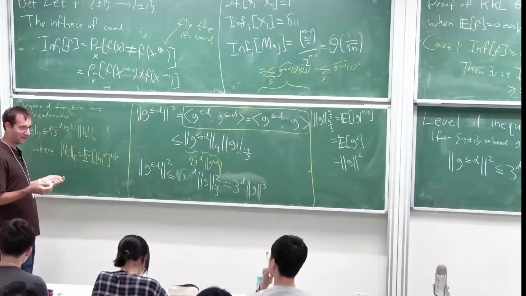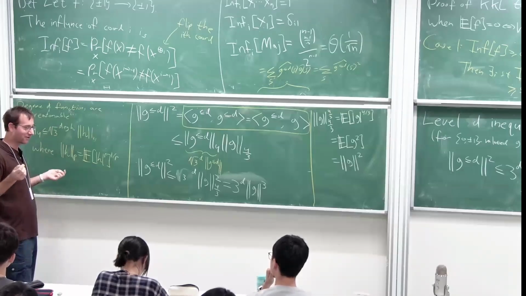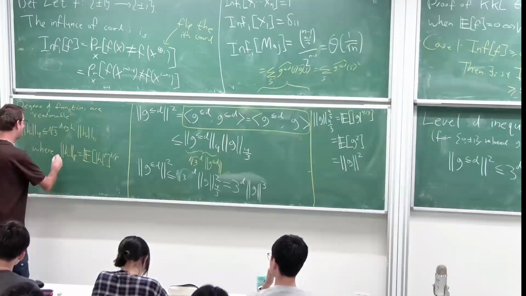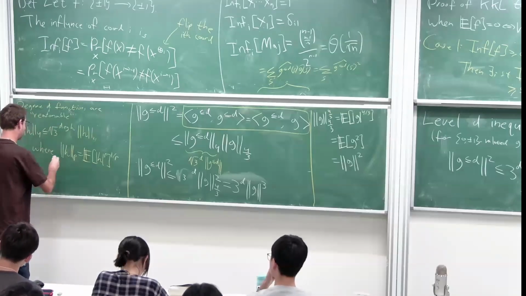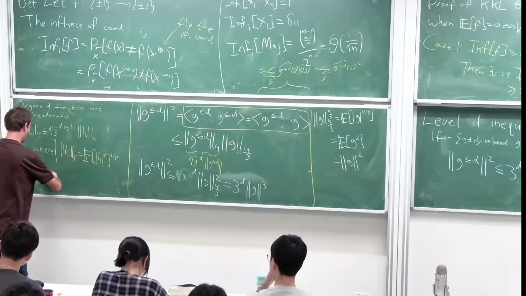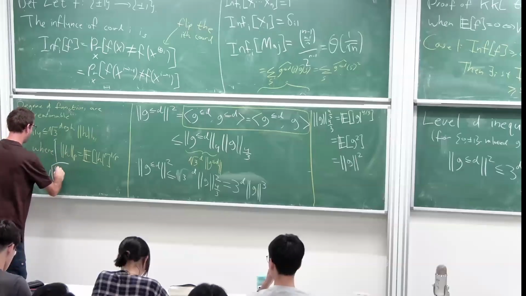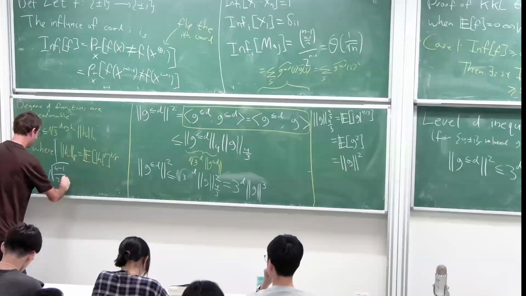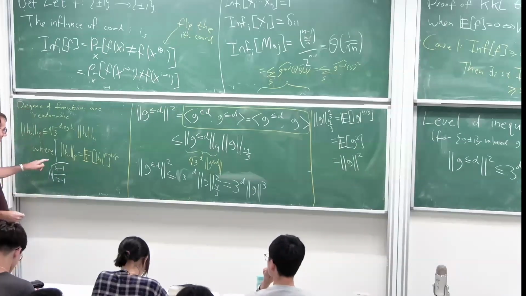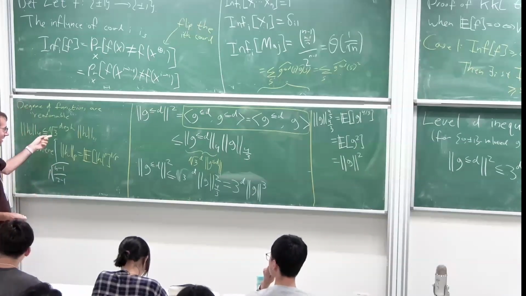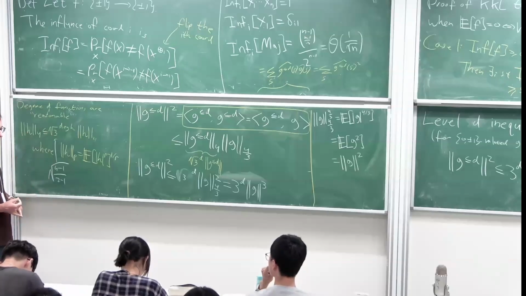And similarly for any p larger than q at least 2, you have a similar hypercontractivity with some constant, which we even have a formula for. It's the square root of (q minus 1) over (p minus 1). So if you change the 4 and the 2 to something else, you will get a similar inequality.